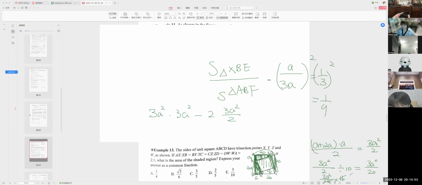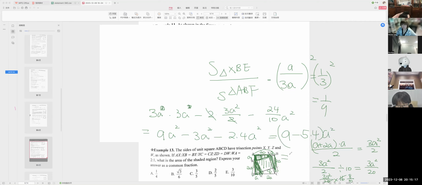So we divide it by 2, so it's 8 over 10, so it's minus 2.4A squared. So 9A squared minus 3A squared minus 2.4A squared equals 9 minus 5.4A squared, equals 3.6A squared.